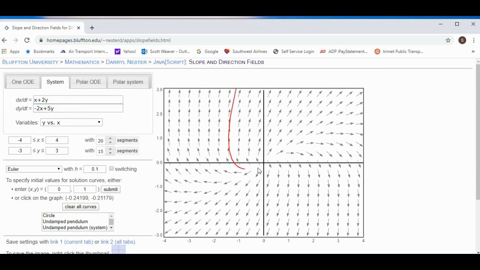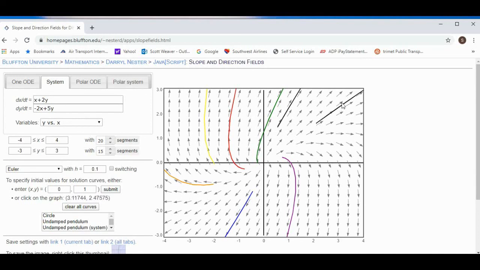The system does produce this little thing that looks like a spiral. Don't be confused though, it's not quite a spiral. The solutions all get pulled, whatever their initial direction, until they are parallel to the V2. Depending on where they start, if they start on this side, they'll be going towards the regular V2, and if they start on a different side, that would effectively give C2 a negative value, which will pull it towards the negative version.